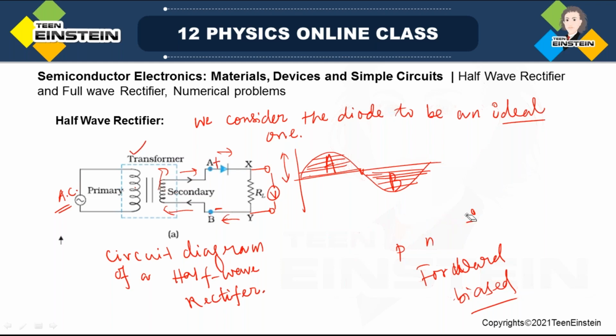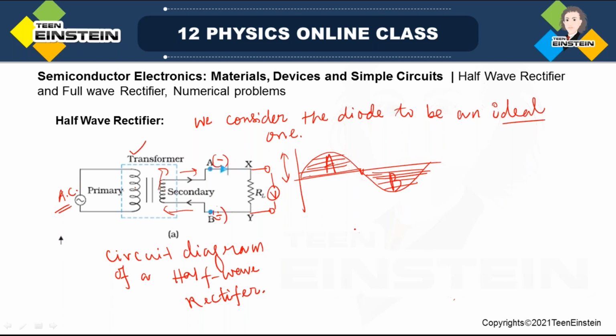Okay, now look what I'll do. If I look at the second half cycle, that means B will be positive. See, in this second half cycle, A will be at negative potential and B will be at positive potential.